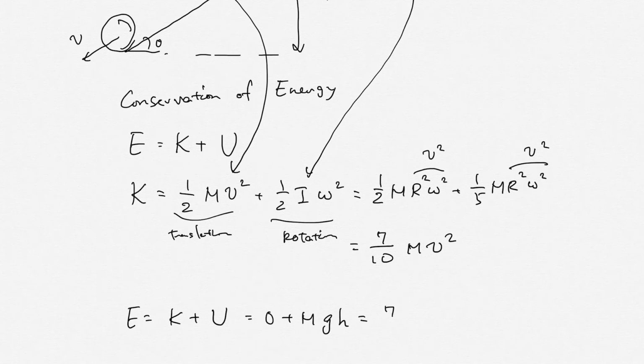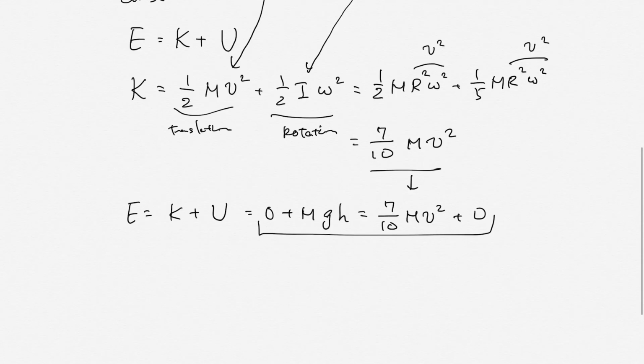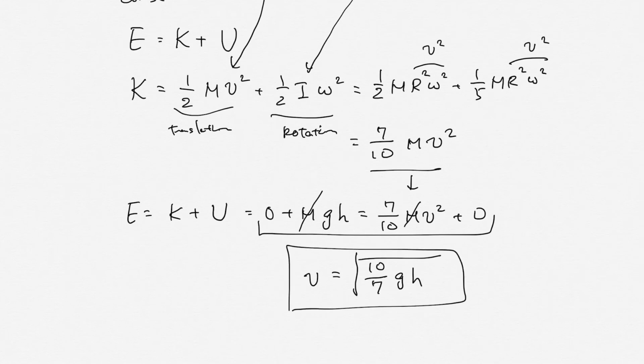K is 7/10 mv squared plus 0. You can use this equation to find out the v. So m is cancelled out. So v is expressed as the square root of 10/7 gh. Okay, this is the answer to this question.